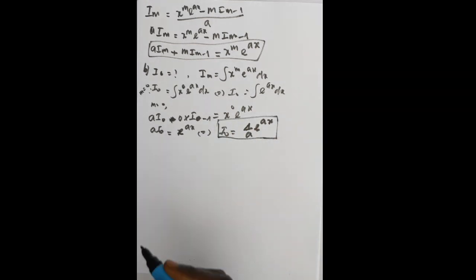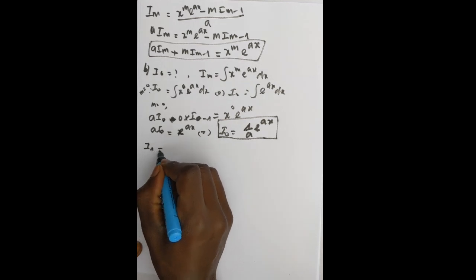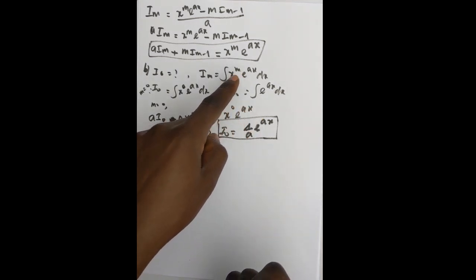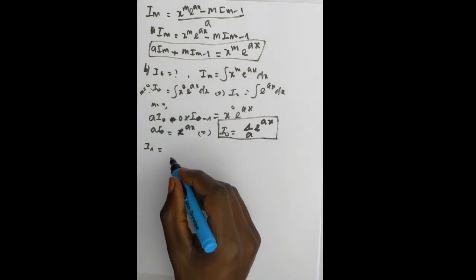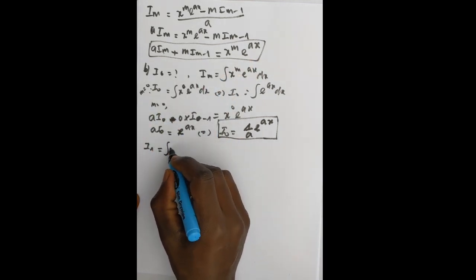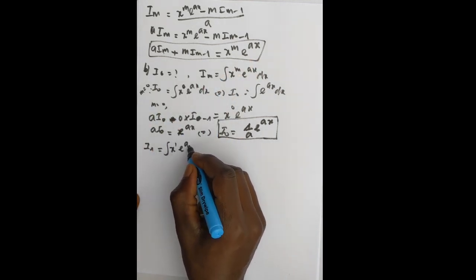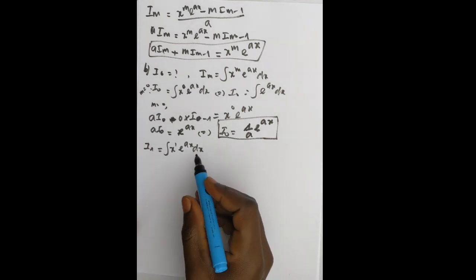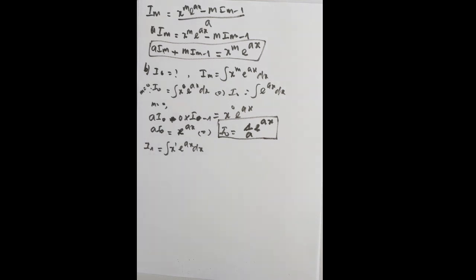So this is I0, and now I1. We replace m equal to 1 here. I will get I1 equal to the integral of x power 1 e power ax dx. Here I'm not going to integrate this, but I will replace m equal to 1 in this expression to get I1.